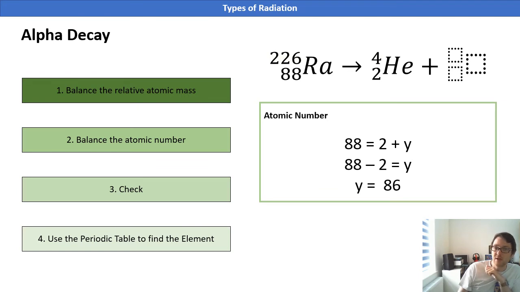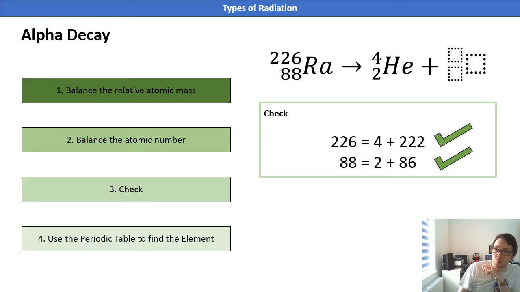Here we've got 88 is equal to 2 plus an unknown. 88 minus 2 leaves us with 86. We now have our 2 numbers, so let's check that they make sense. 226 is equal to 4 plus 222, which is true. And 88 is equal to 2 plus 86, which is also true.